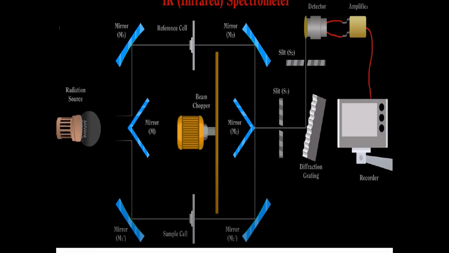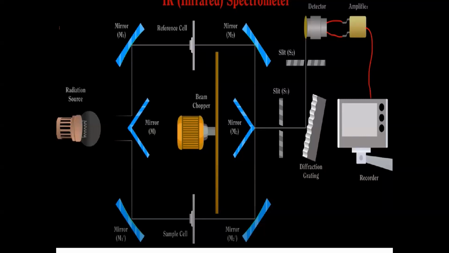So this slit will allow only that spectrum, and that will reach this detector. So this detector will receive two types of radiation in a sinusoidal fashion. Sinusoidal means intermittently. Once it will get radiation which is coming through the reference cell, and after that it will get the radiation which is coming through the sample.